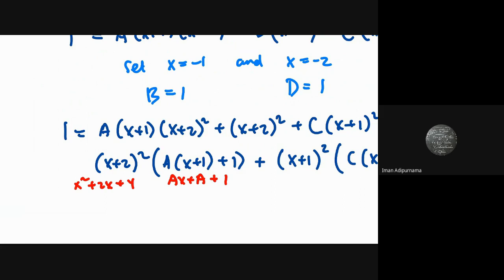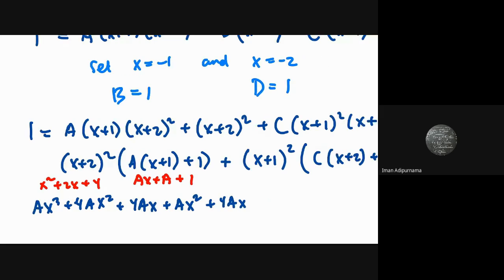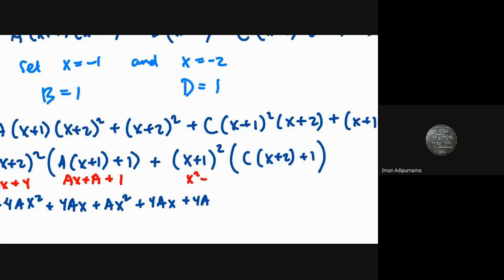Where we can multiply, this will be ax cubed plus 4ax squared plus 4ax plus ax squared plus 4ax plus 4a. And then this part will be x squared plus 2x plus 1. This is cx plus 2c plus 1.